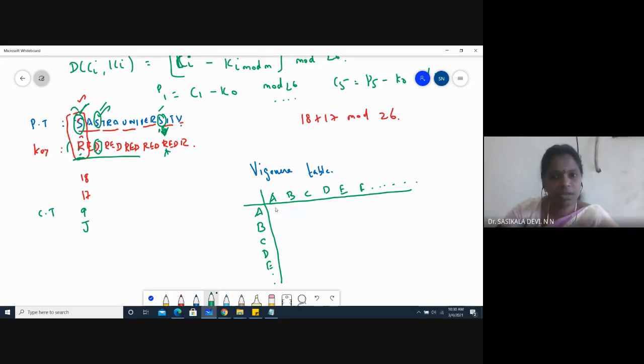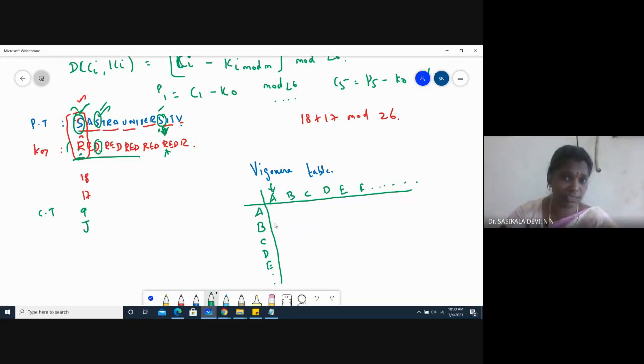This column is filled with the Caesar cipher with shift key 0, this column with shift key 1, this column with shift key 2, and so on. That also won't require any computation.